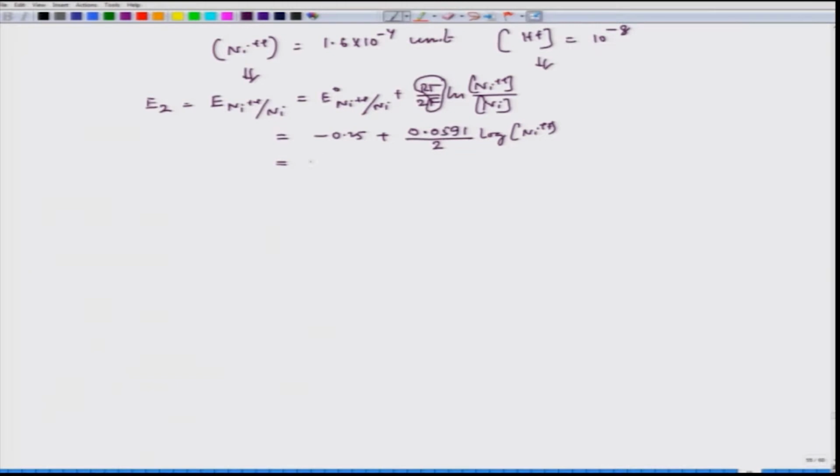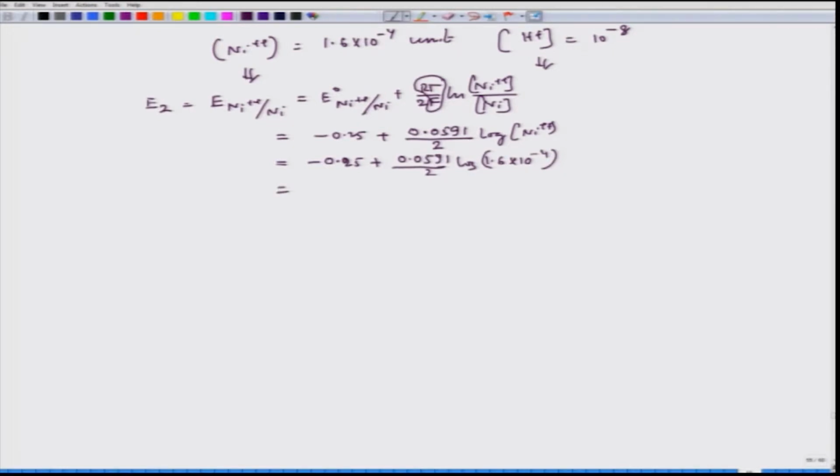So, this becomes minus 0.25 plus 0.0591 by 2 log 1.6 into 10 to the power minus 4. So, we get the value.